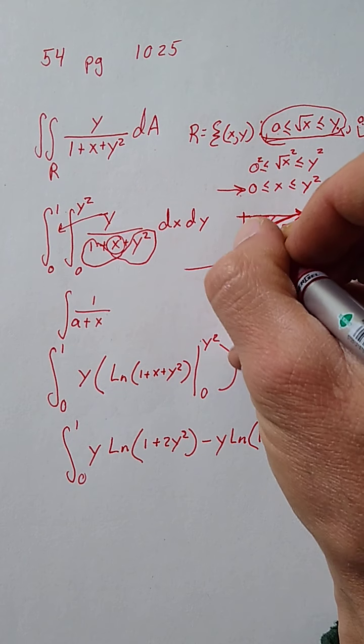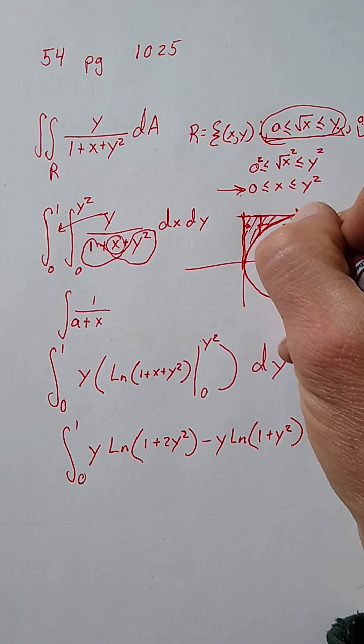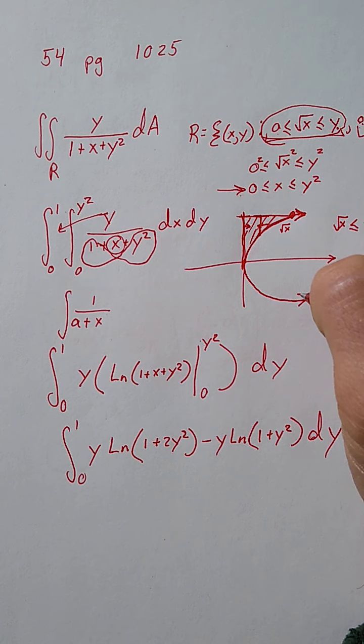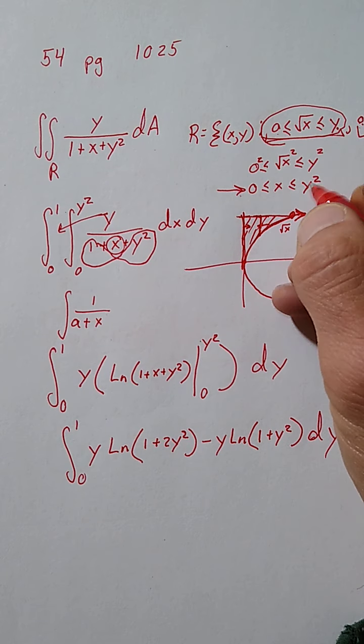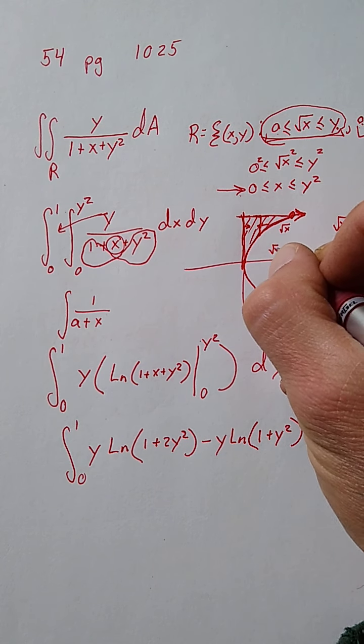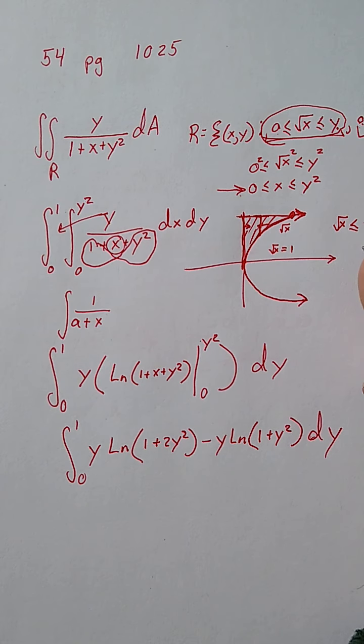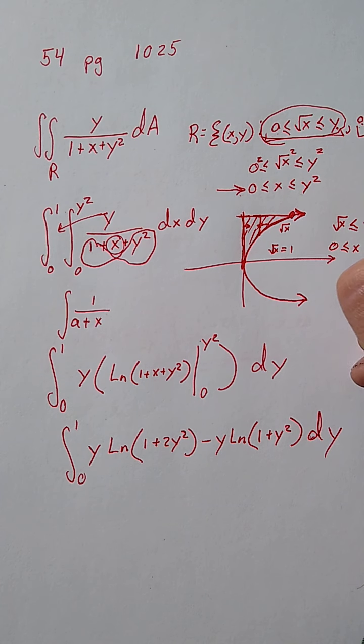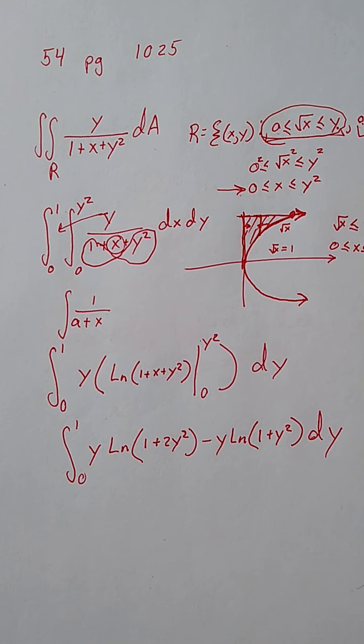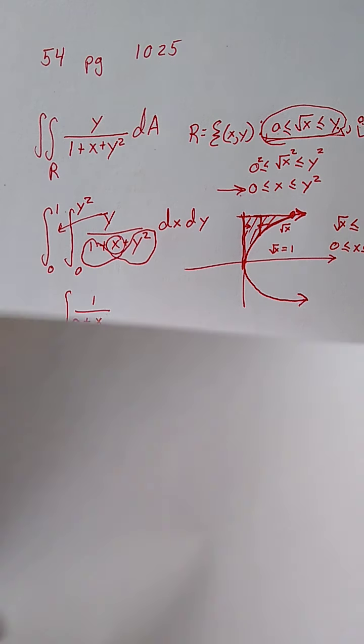And my x values can go from 0 to this point where these two intersect, which is where the square root of x equals 1, which is just 1. So x is greater than or equal to 0, less than or equal to 1. Okay, so we could set it up that way. Let's try that real quick.